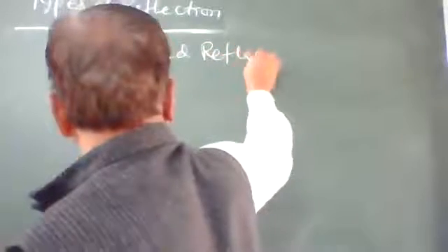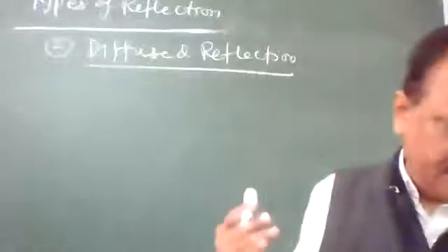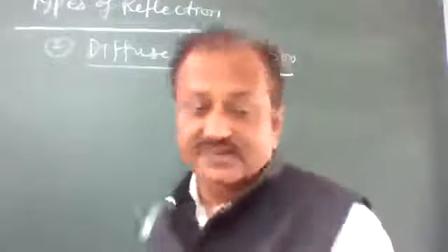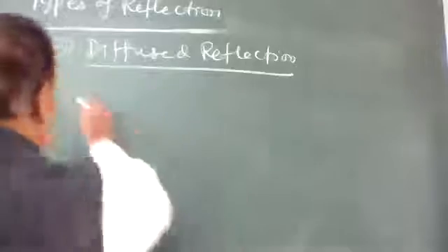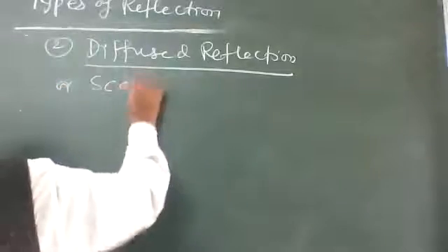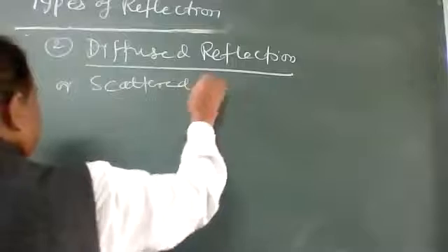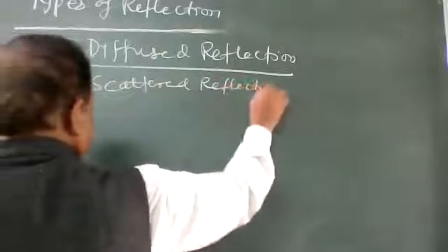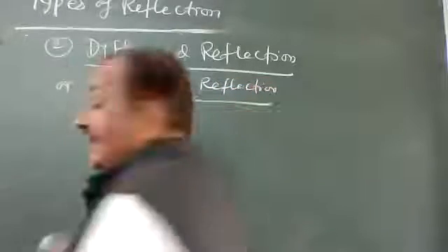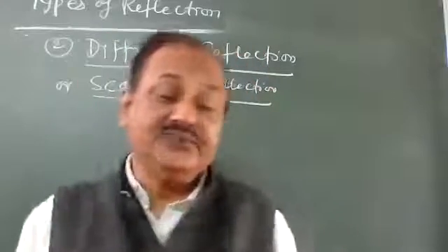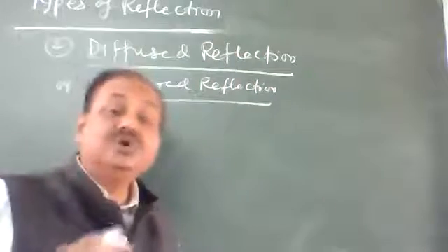Now, second is diffuse reflection. Diffuse means scattered. A reflection is said to be scattered when the image is not clear.